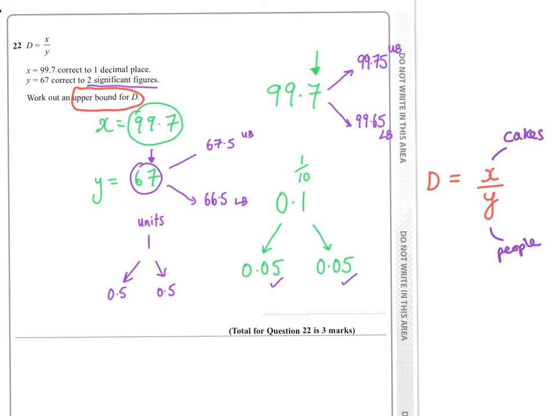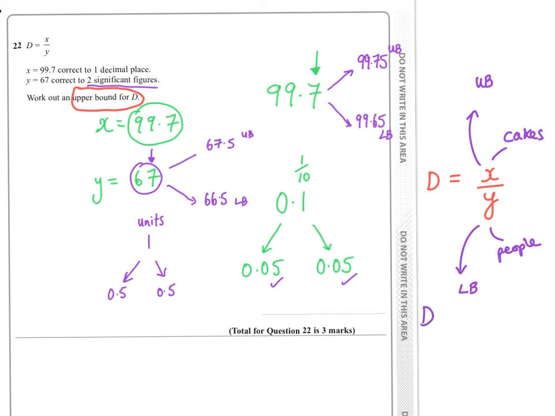Basically, you want to end up with the most cake. So to end up with the most cake, you need this number to be its upper bound, i.e. the most cake, and selfishly you'd like the least amount of people to turn up, because then if you had the most cake on the table, the least amount of people showing up, you'd end up with more cake if it was shared out equally.